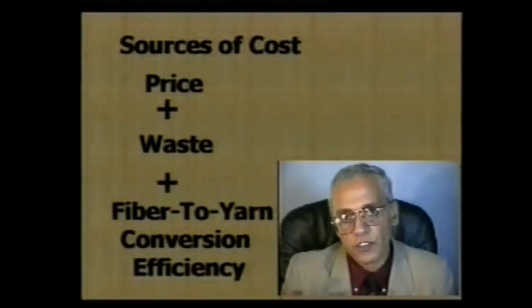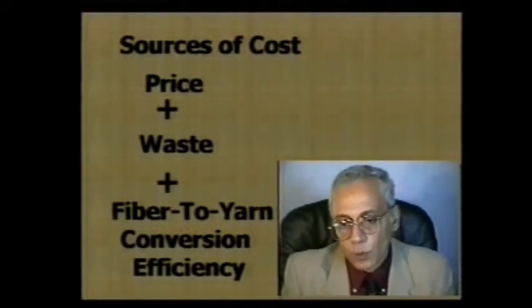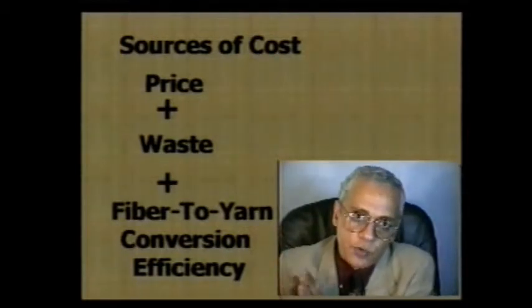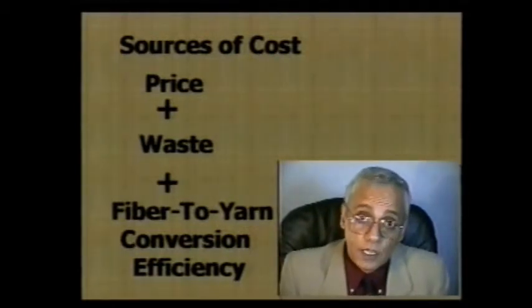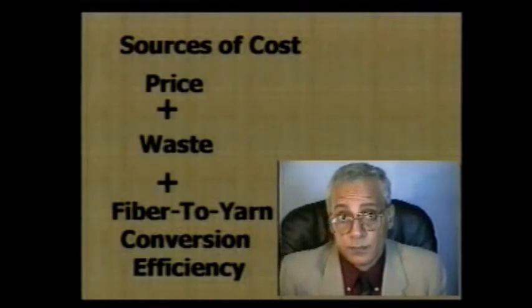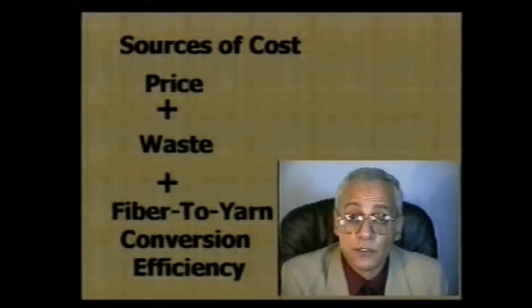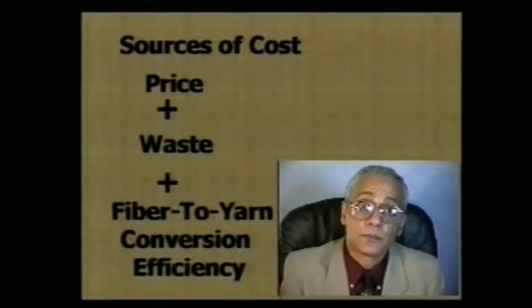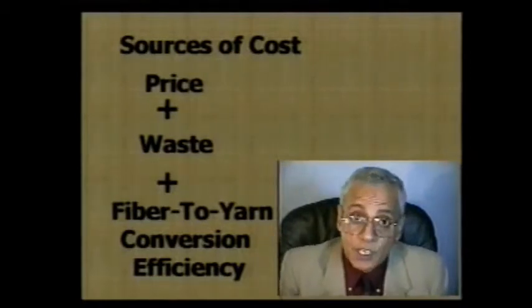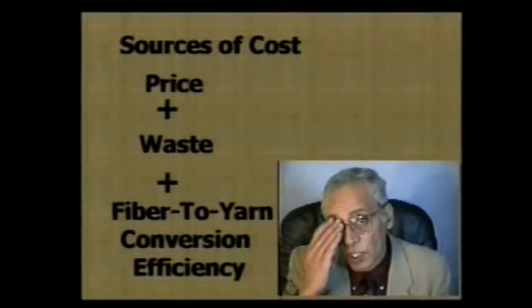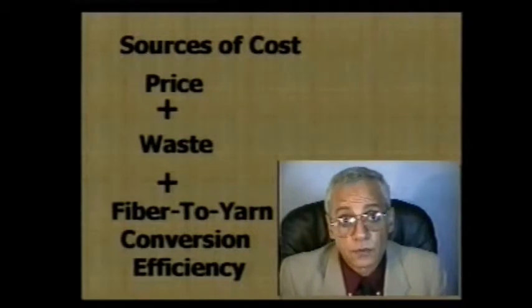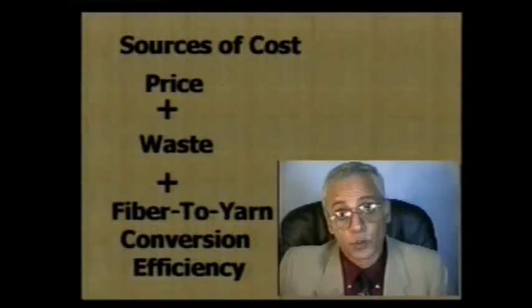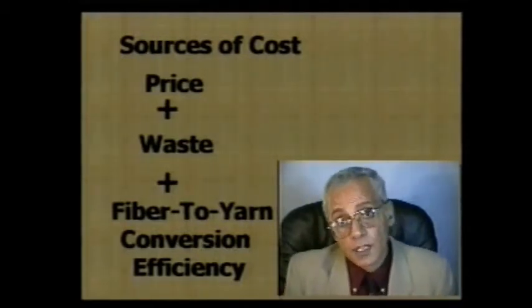We call it strength efficiency. You will find that the yarn strength to fiber strength efficiency typically ranges between 55% and 95%. In other words, some companies are able to convert the strength of the fibers almost perfectly to the strength of the yarn. Others are not.